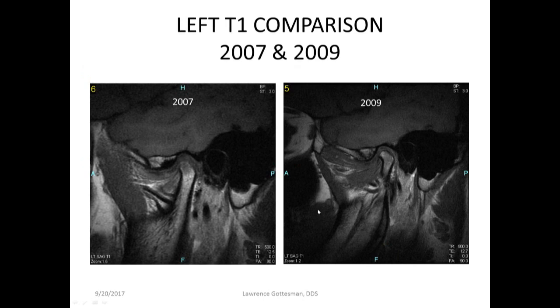And here's the part that I want you to see. In 2007, I want you to take a look at the shape of this condyle, because you can see it's got a normal tiny little bend. But notice how it starts to be shaped like a hockey stick at 2009. And that probably comes from the force that was generated by wearing the splint.